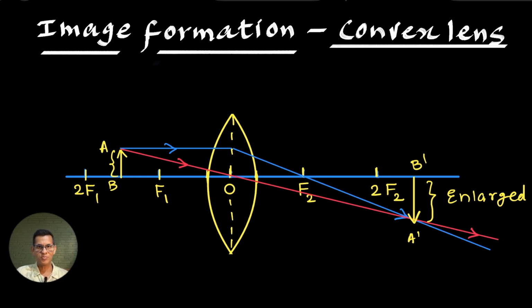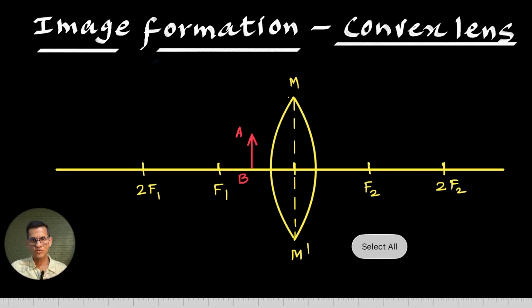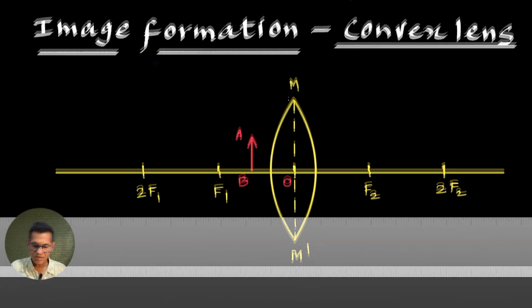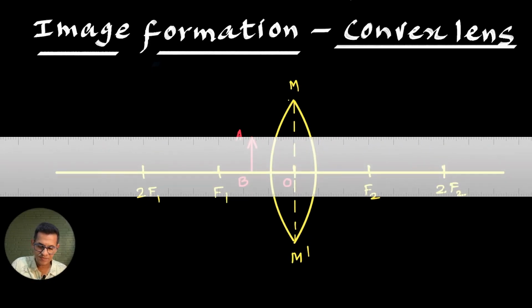Let's take one more example for a convex lens. So let's try another diagram wherein I have placed the object between f1 and the optical center. Now I have drawn all the points and lengths which are required for this. Let's just simply follow the rules and see what we get.